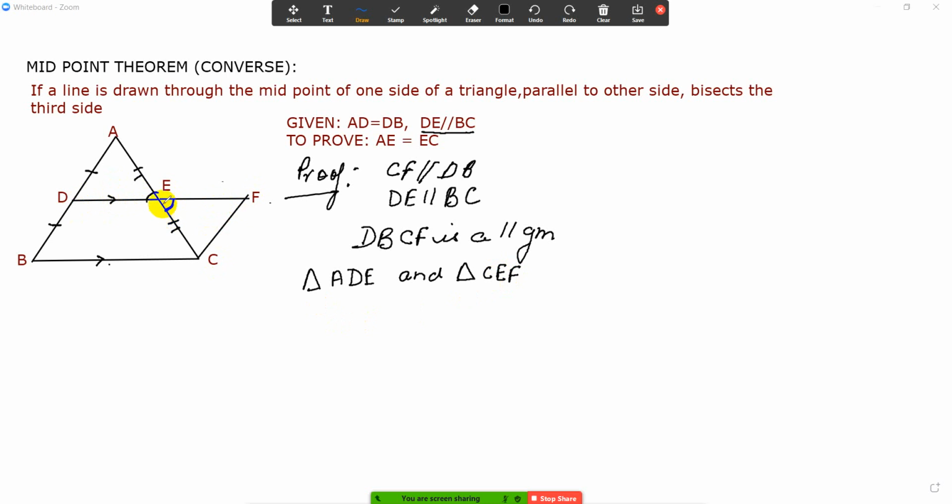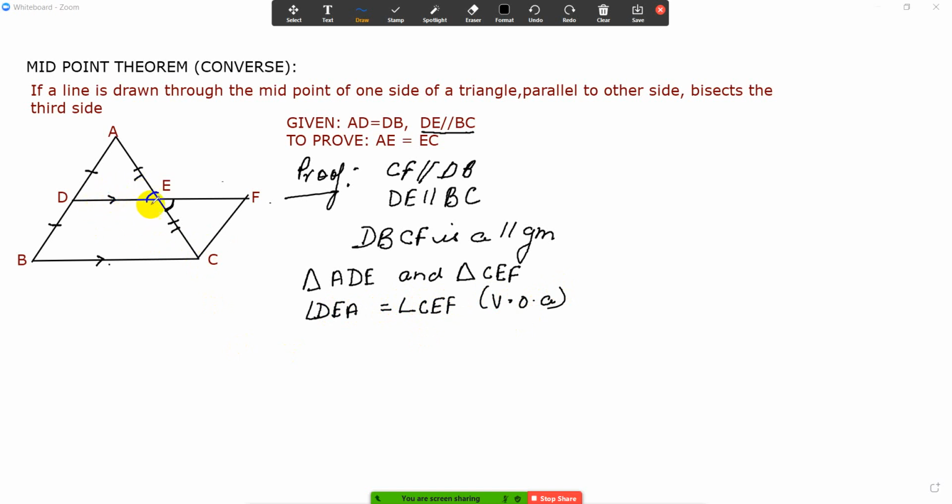Now you all know why this is equal, because these two lines are intersecting, so these are vertically opposite angles. Okay. Now this is your first angle which is equal.